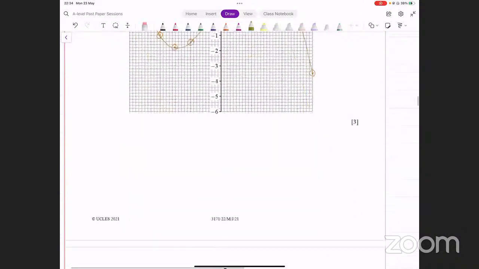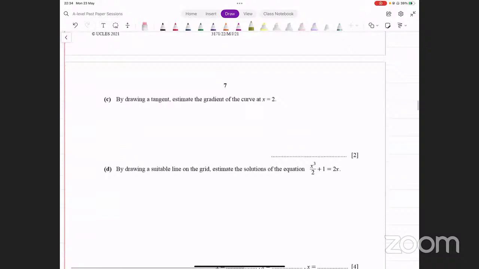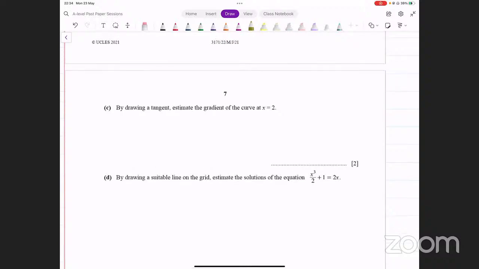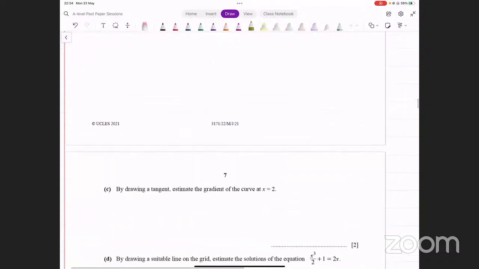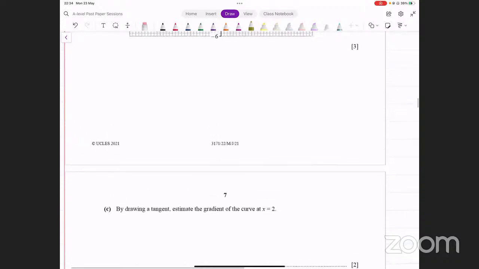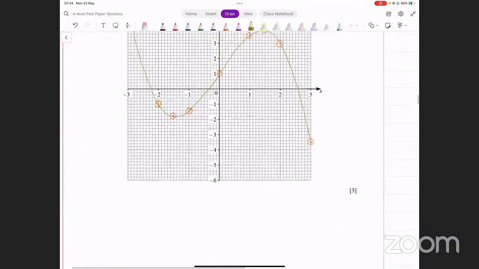Let's move on. Okay, now it says, by drawing a tangent, estimate the gradient of the curve at x equals 2. At x equals 2 you have to draw its gradient. There are some tricks: you can find the gradient by calculation and then make your tangent accordingly. So if you know, for example, differentiation, or other ways of estimating it, if you learn that, that's going to be helpful.